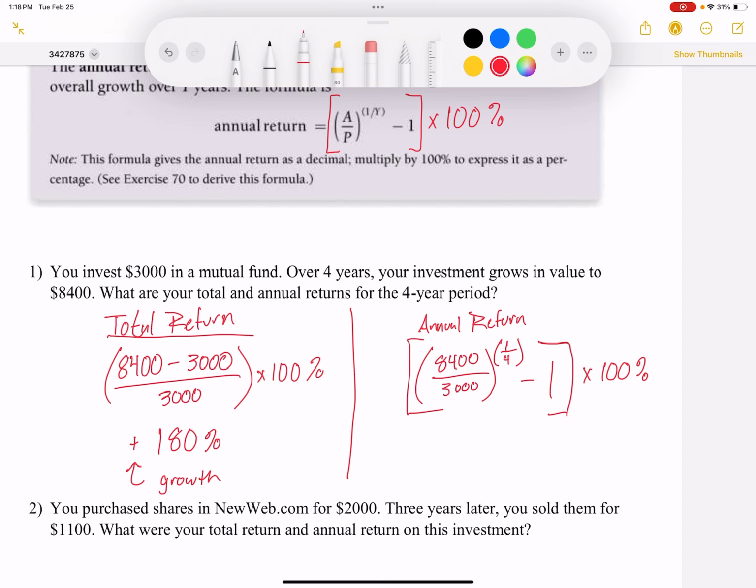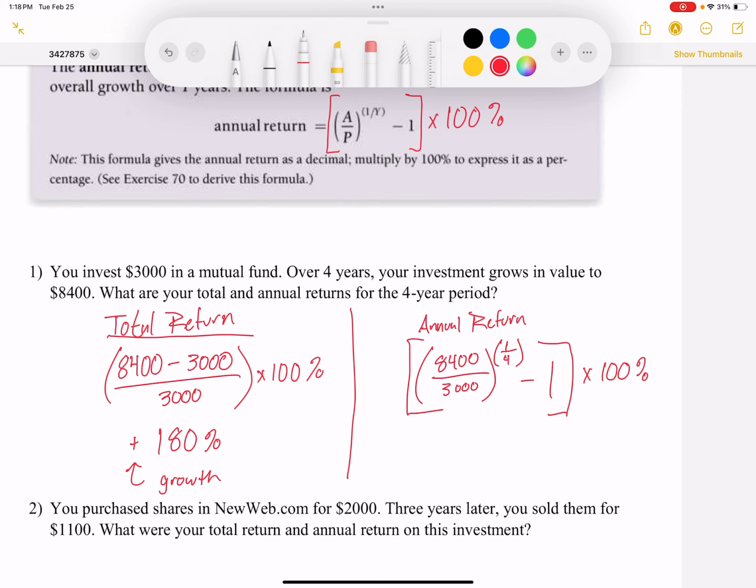So I'd say in this, you probably still need that fraction bar. So I'm going to say parentheses, fraction bar, right? 8,400 divided by 3,000. Then that whole parenthesis to the 1/4 power. So another fraction bar. Subtract 1. All right, and then I'm multiplying that by 100 and throwing a percentage on it.